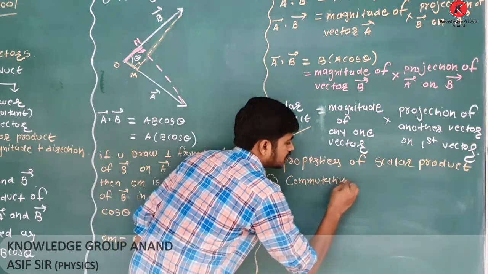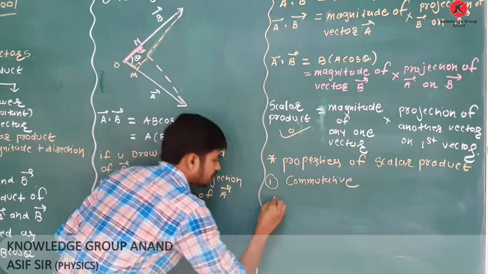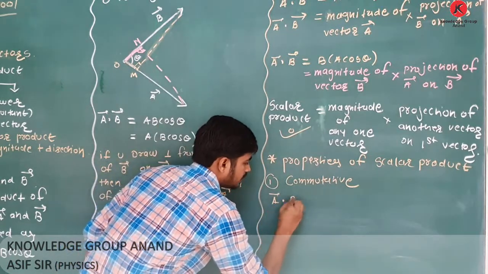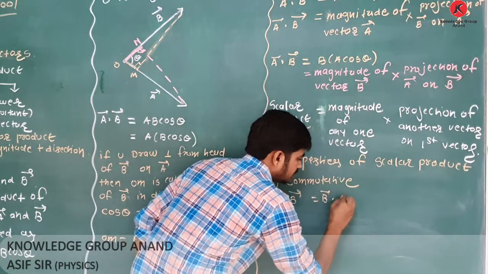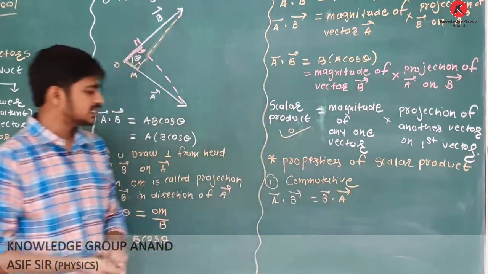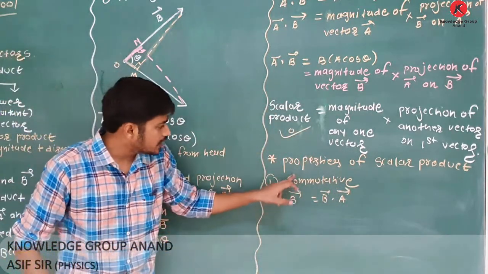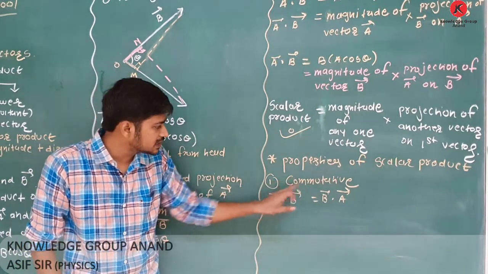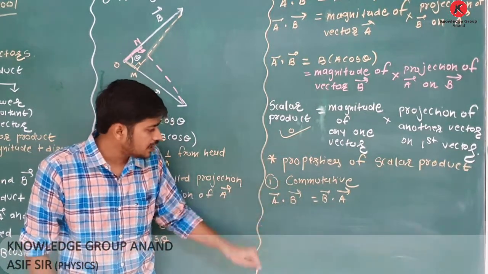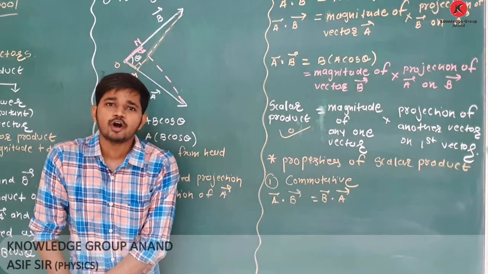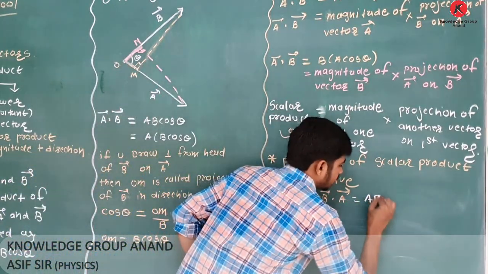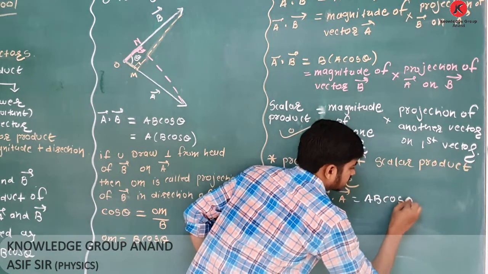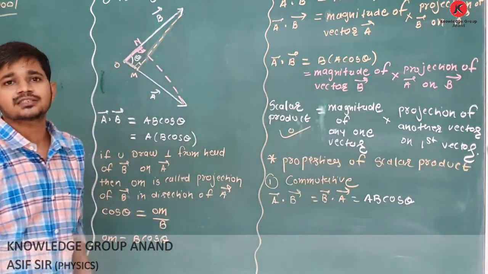It means if I find A dot B, or if I find B dot A, that answer is the same. So A dot B is equal to B dot A, and they have a common answer, which is AB cos theta.